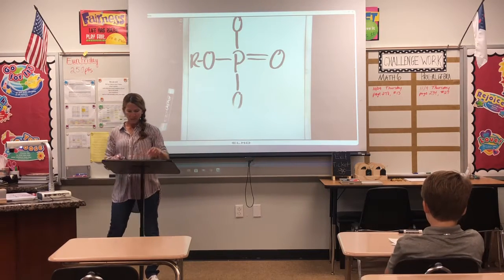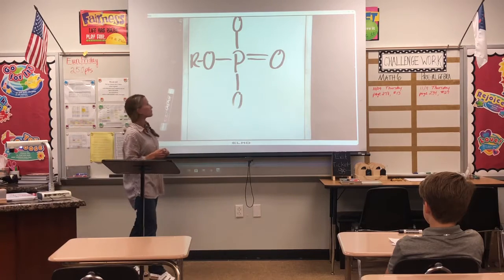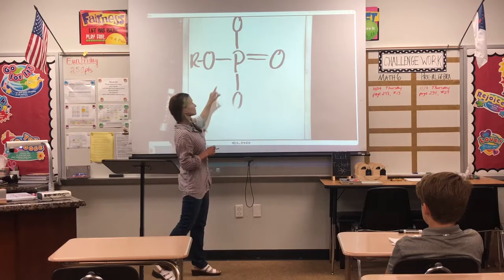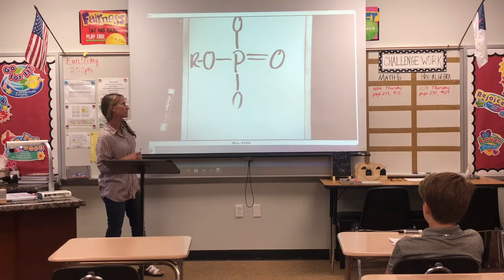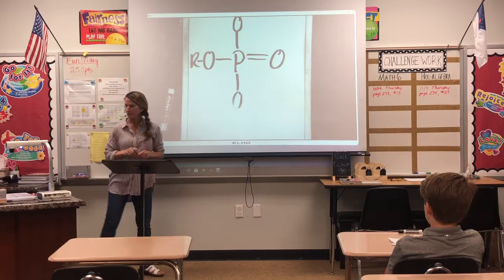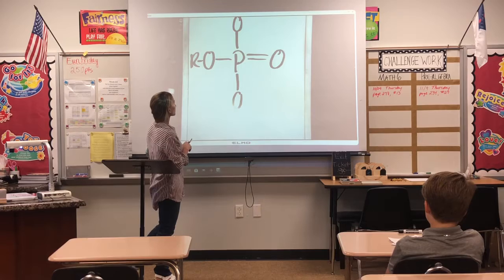So why do you think phosphate's not polar even though it has all these oxygen atoms? What do you notice about oxygen atoms? So we saw in carboxyl, look at your carboxyl drawing.